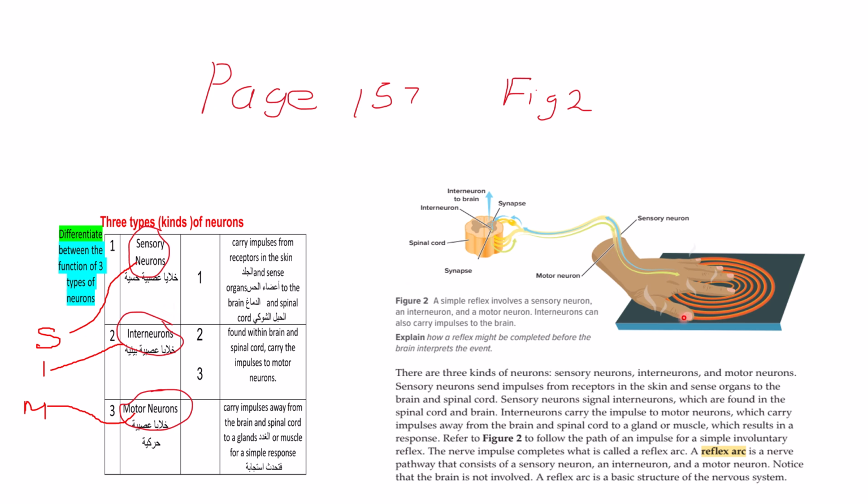Sensory neurons detect the stimulus from outside, which is heat here, and send signals to the spinal cord. Inside the spinal cord you find interneurons, whose job is taking the sensory information and transferring it to the motor neuron. The motor neuron makes the hand move. So this is how the reflex works.